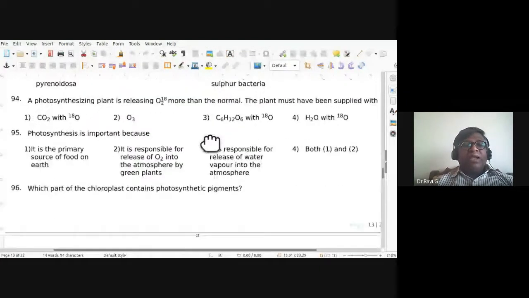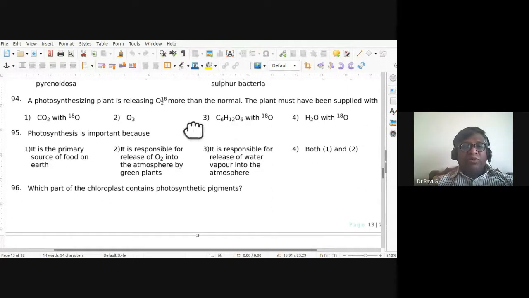Okay. 94th, a photosynthesizing plant is releasing radioactive oxygen, O2 18, more than the normal. The plant must have been supplied with carbon dioxide with 18 oxygen, or ozone, or C6H12O6 with 18 oxygen, or H2O with 18 oxygen.